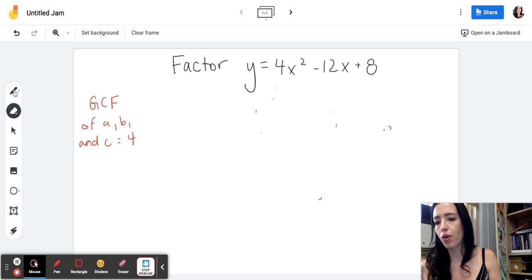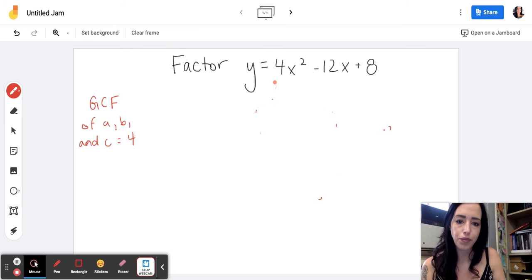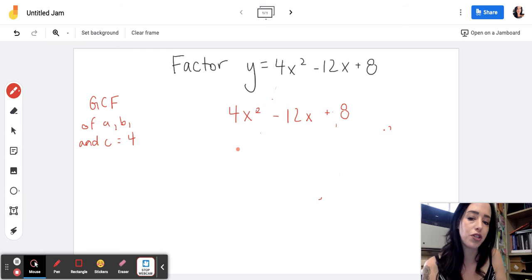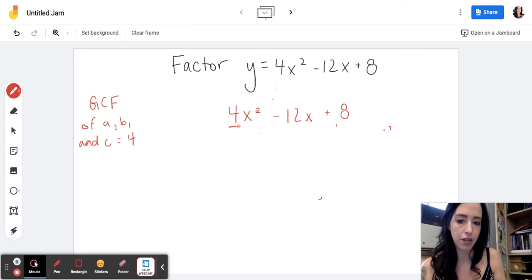Okay, so what I'm going to do is rewrite this, 4x squared minus 12x plus 8. And what I'm basically going to do, you guys, is divide each coefficient by the greatest common factor. So I'm going to divide this, this, and this.